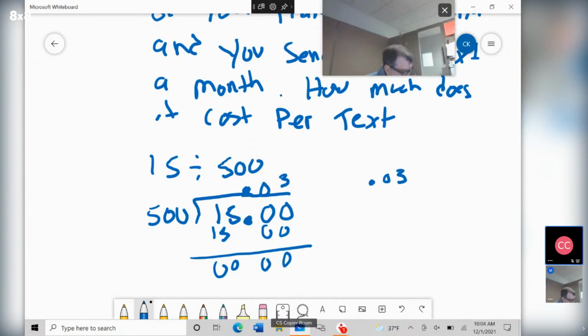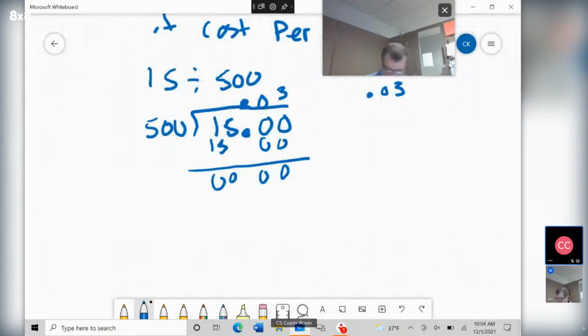Okay, so let's look at, we'll do some more of these division problems here. Okay, so if we have on the test, it says 15 divided by 400.